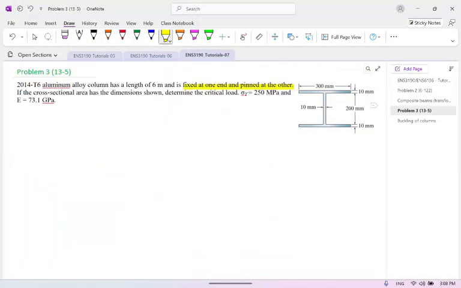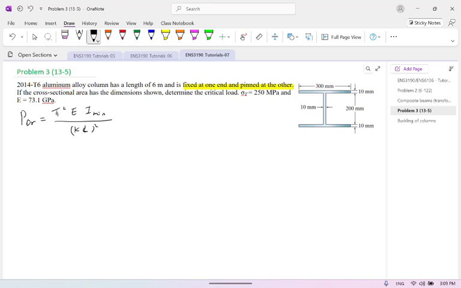So of course the cross section will be here. If the cross-sectional area has the dimensions shown as an I beam, determine the critical load. Of course, the yield stress is 250 megapascal and the Young's modulus is 73.1 gigapascals. So based on this, we have a clear idea of what kind of structure will be used. So of course, we can get P_cr equal to pi squared E I minimum over KL squared.